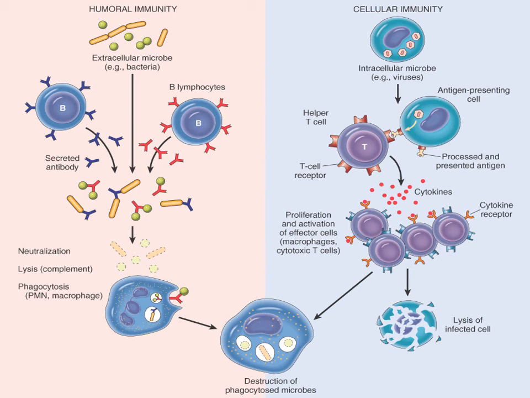Now if we summarize humoral immunity and cellular immunity, humoral immunity is the killing of extracellular microbes through B lymphocytes, and cellular immunity is the killing of intracellular microbes by CD4 and CD8 T cells.